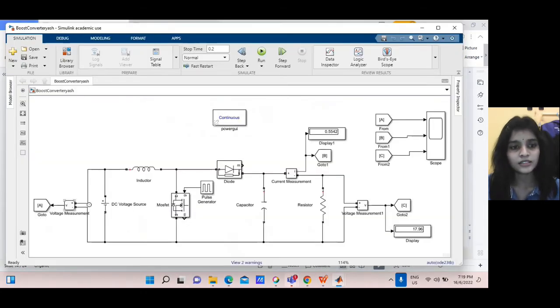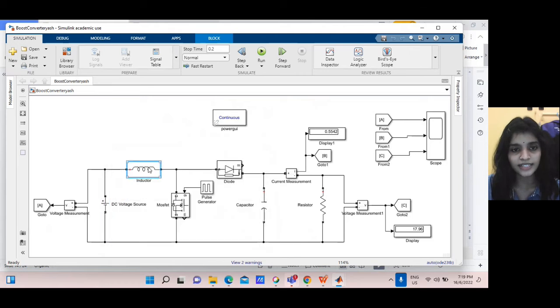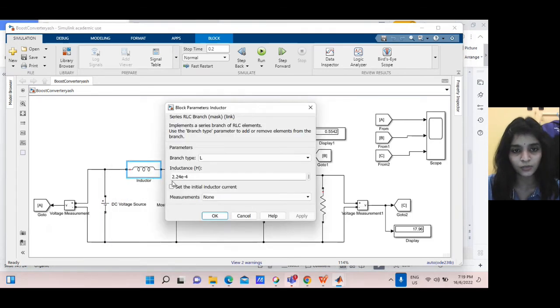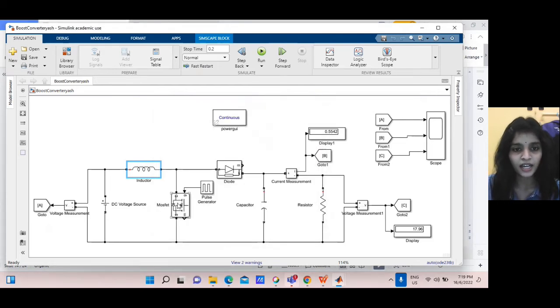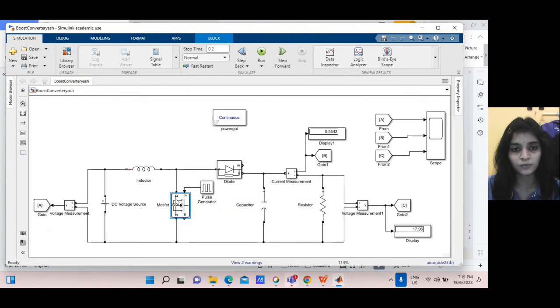Firstly, this is the DC voltage source that we assigned, 12 volt. Then the inductor that we choose is 2.24 times 10 to the power of negative 4 H. Then the MOSFET we choose here shows mode 1 and mode 2: mode 1 is when the MOSFET is on, and mode 2 is when the MOSFET is off.